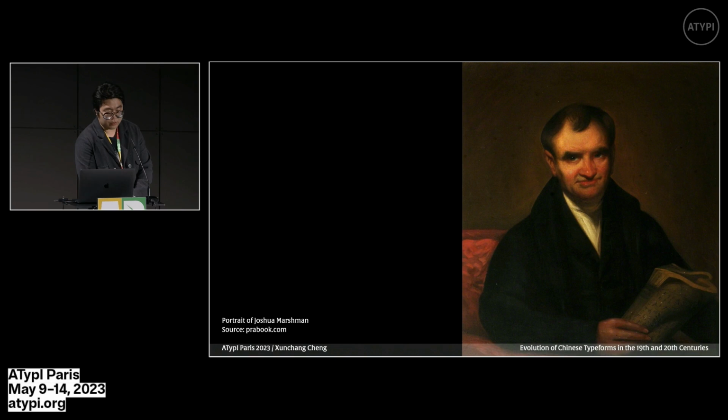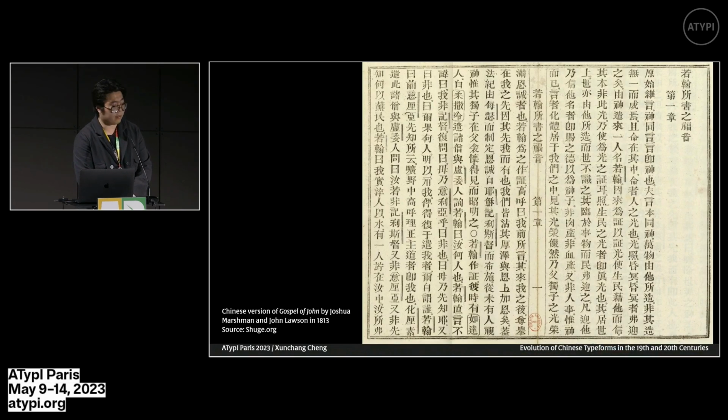There's Joshua Marshman, the first person who tried using Western mechanical metal type to make Chinese type. He also got an assistant, John Lawson, an Englishman who was really skillful at engraving in wood. They finally succeeded in publishing the Gospel of John in 1813 at the Serampore Mission Press.